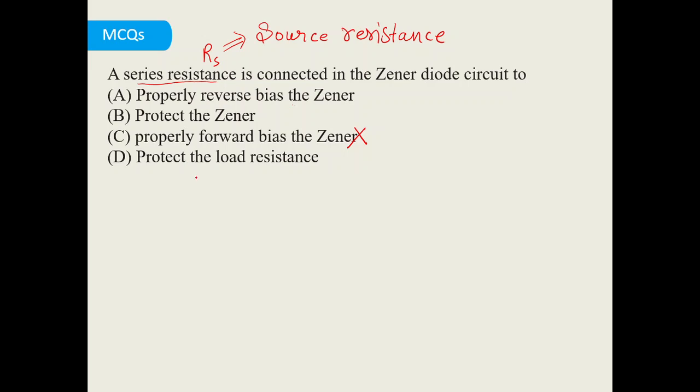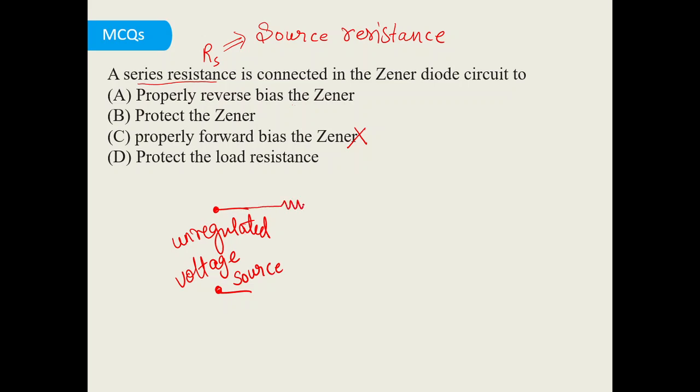If I consider a circuit diagram of the Zener diode acting as a voltage regulator, this is the supply, the unregulated voltage source, which is the output of the filter circuit.